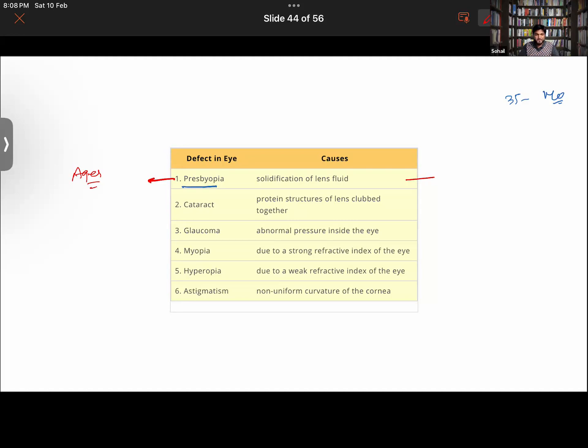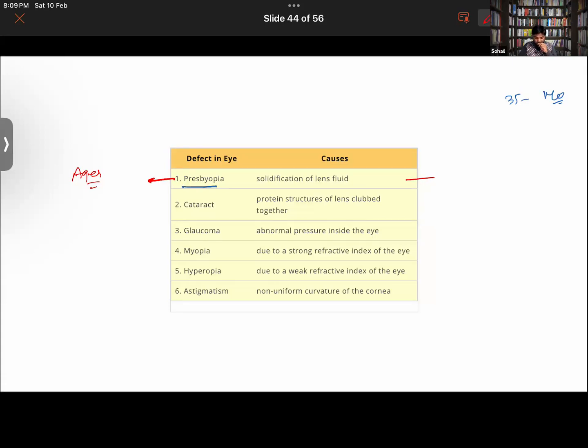So that is presbyopia. The cause for presbyopia is also that the focusing power of the lens reduces, that is, the converging power of the lens reduces.